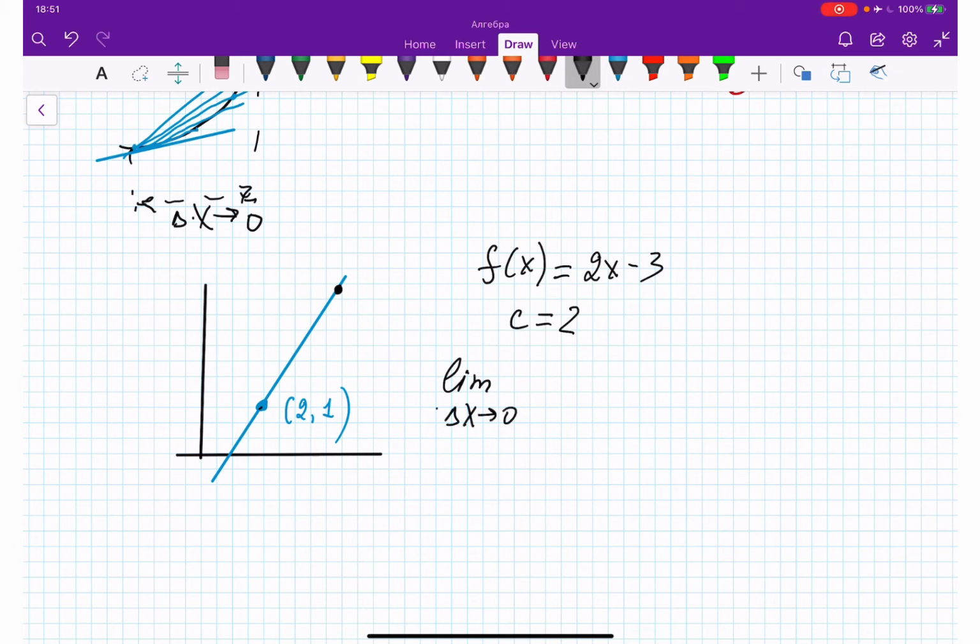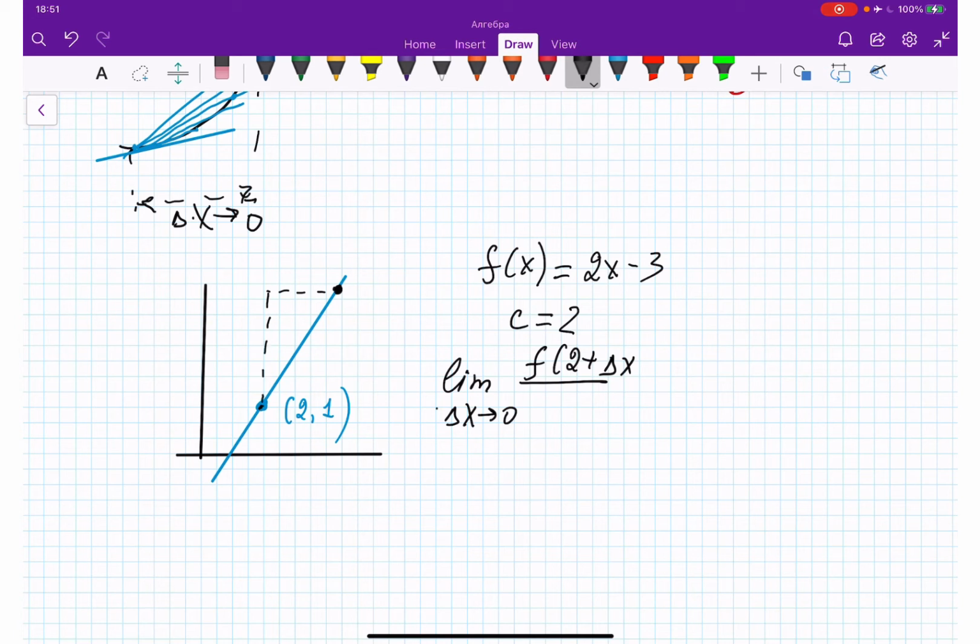Remember, we slowly get from here to here. So it's going to be equal f of 2 plus delta x.